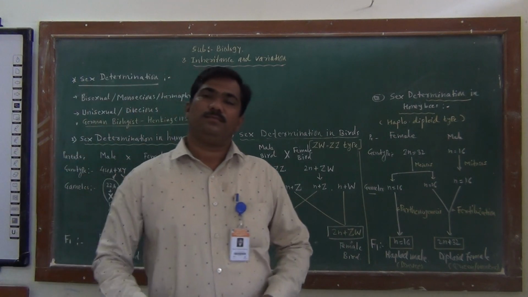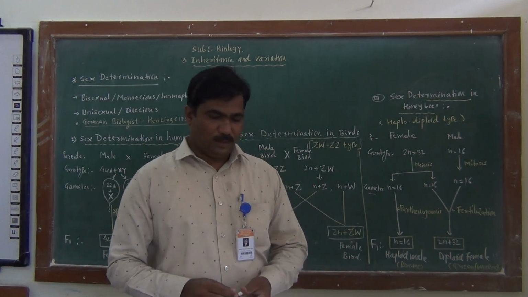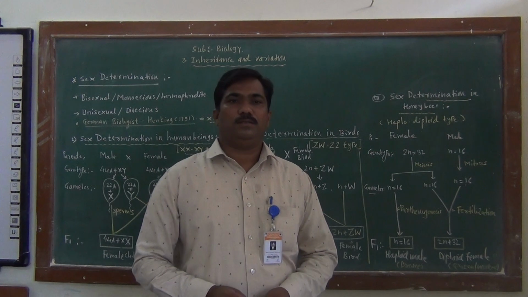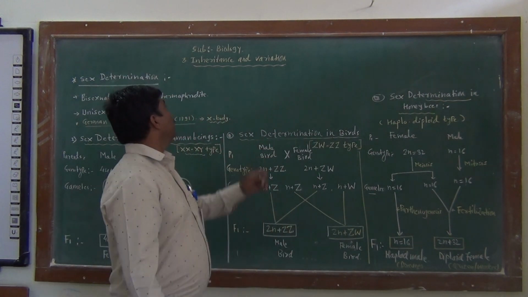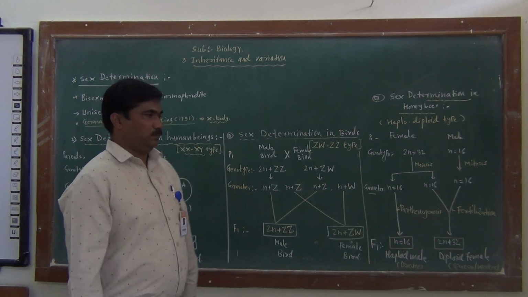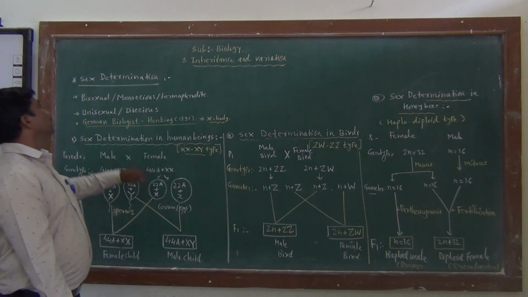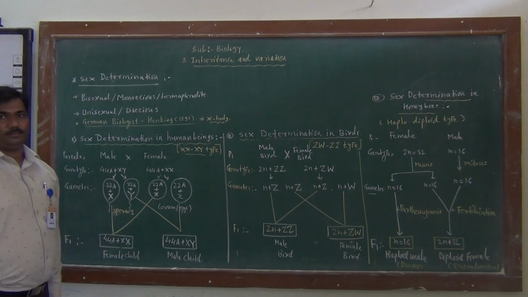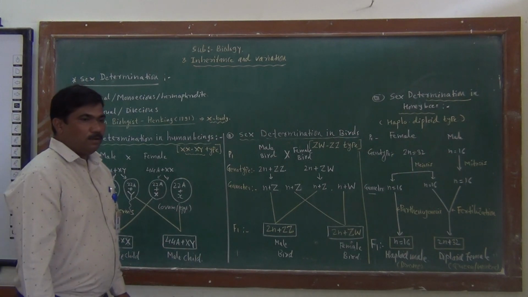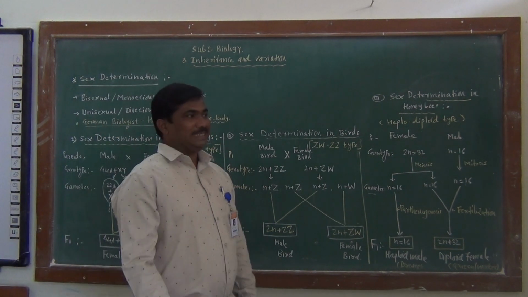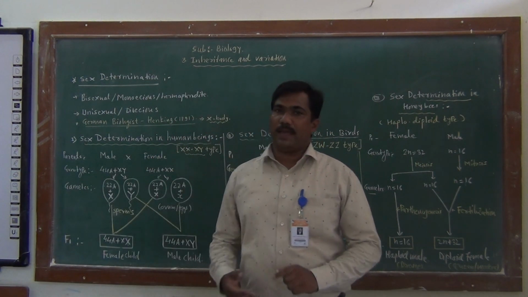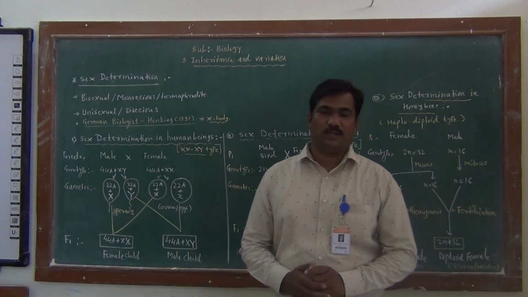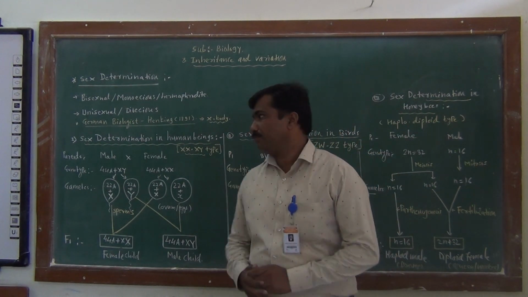Welcome in this session. Today we discuss a very important subunit from the topic inheritance and variation. This unit is sex determination. So what is sex, or what is sex determination, and then we learn the different mechanisms of sex determination in different organisms.